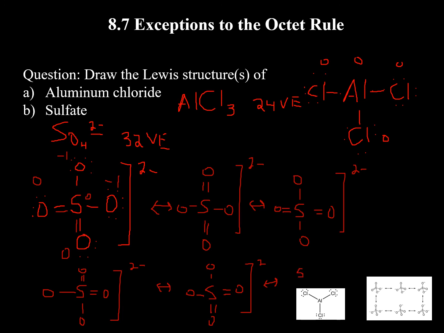It would be the top and the left. So this would be an example of the octet rule where there are more than 8 electrons around the central atom. And that concludes chapter 8.